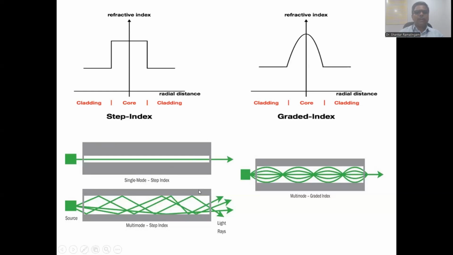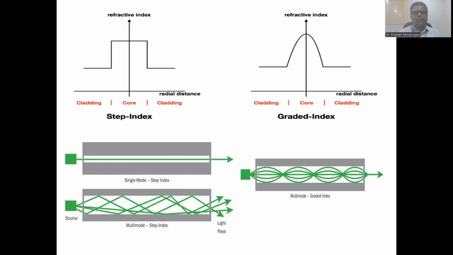If it is going to be between a varied number of users, then we will go with multi-mode step index optical fiber and multi-mode graded index optical fiber cable, right? So now let us move on to the next slide. Let us move on further.